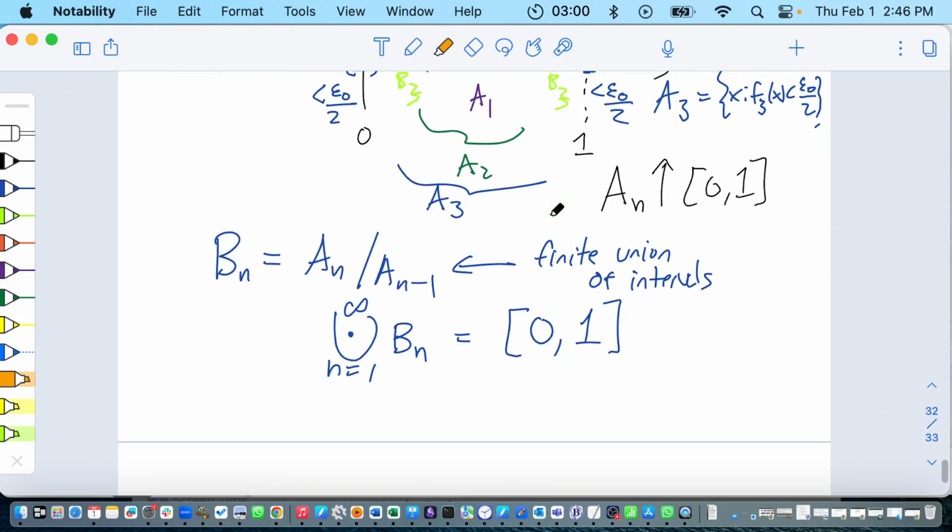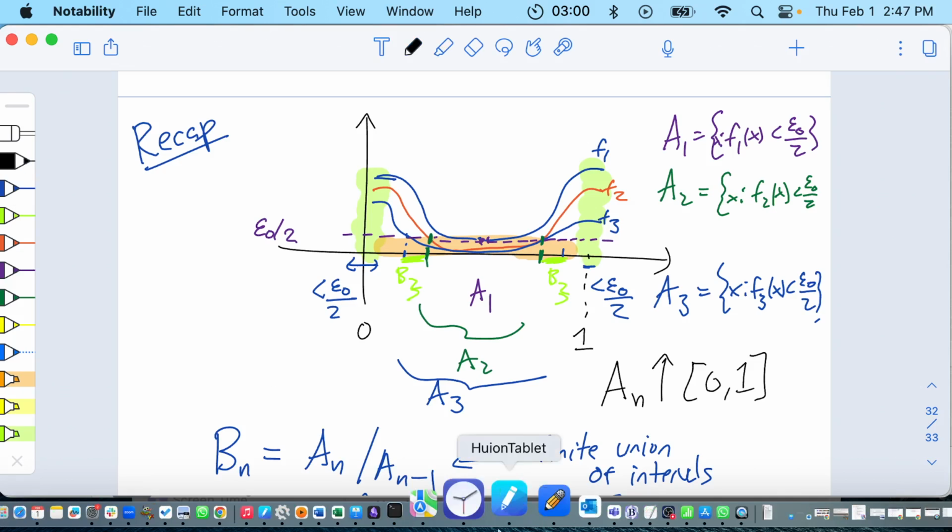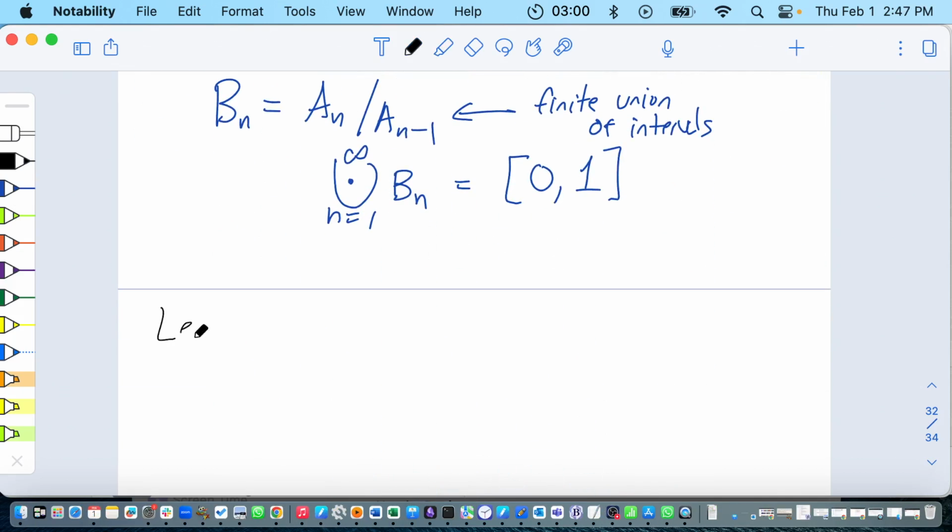Okay, here we go. Let's do it formally. And I need one more ingredient, which is I'm going to let M be the maximum over x of the absolute value of f_1(x). Actually, I'll just do f_1 of x, and that'll be good enough. And I don't need an absolute value, so the functions are positive. They're shrinking down to 0. They're positive.